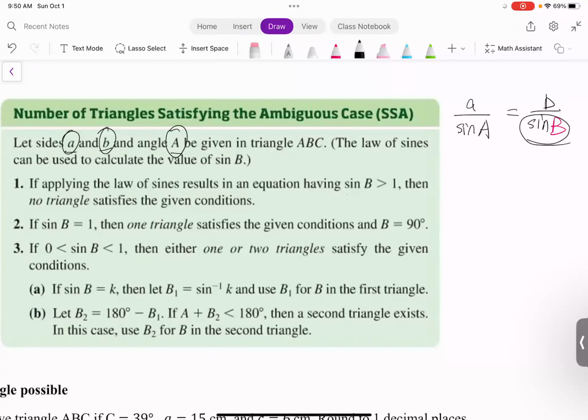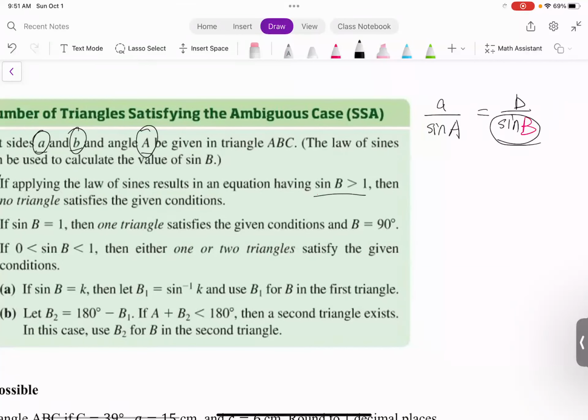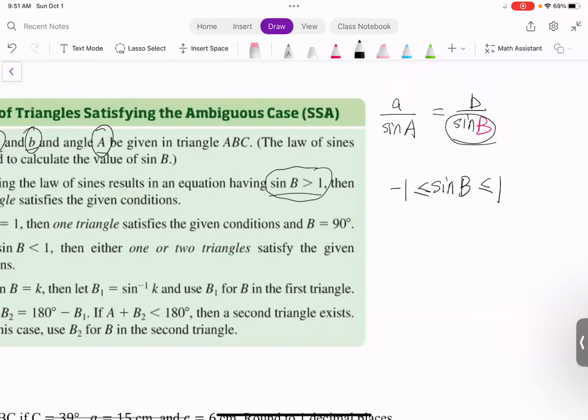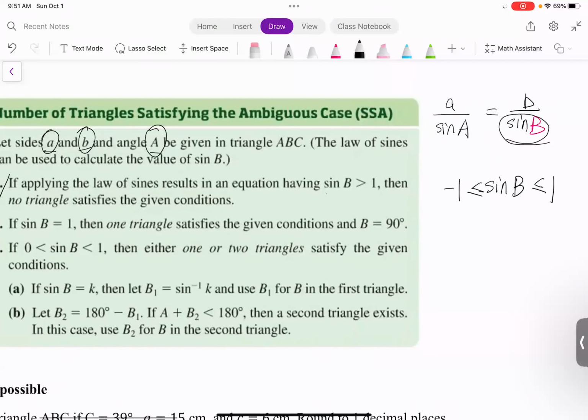I can solve for sine B and then use the inverse function to find the angle B. For the first case, if I'm using the law of sines and I find my sine B is greater than 1, then there is no triangle. I know that any angle's sine function must be bounded between -1 and +1. If I have sine B greater than 1, that means it is not in the range of sine B. So there's no solution.